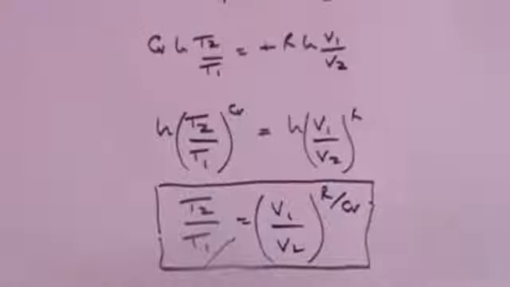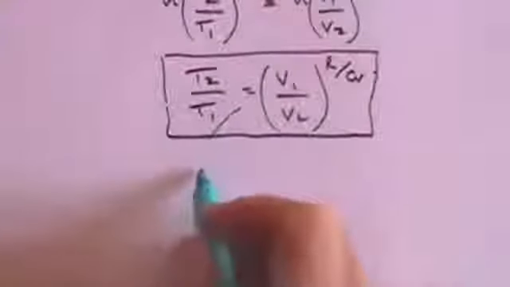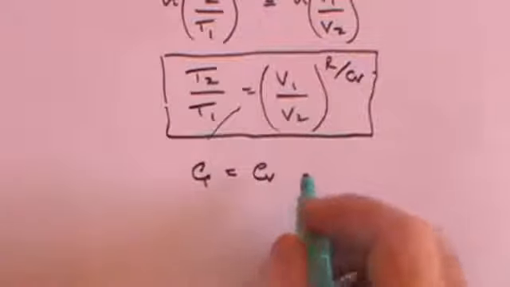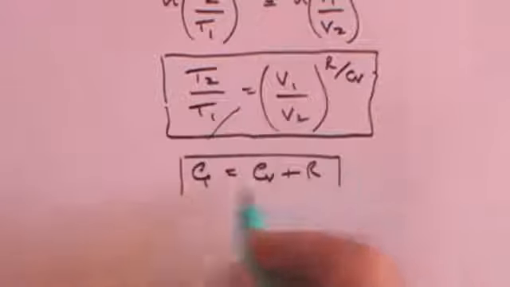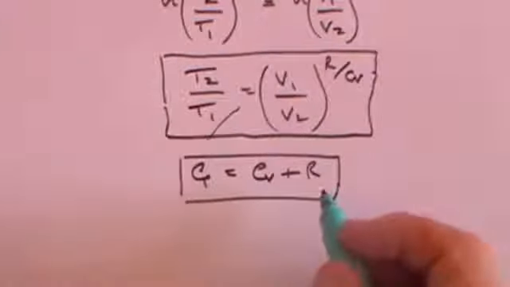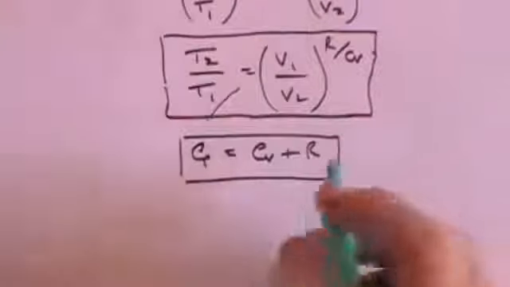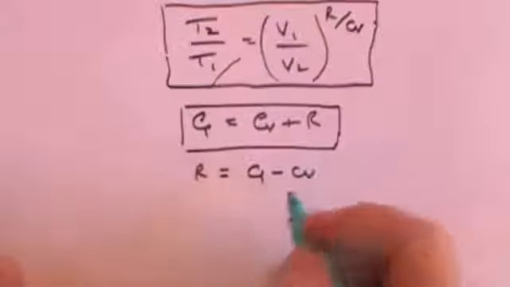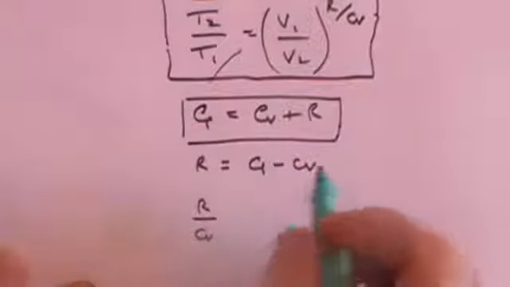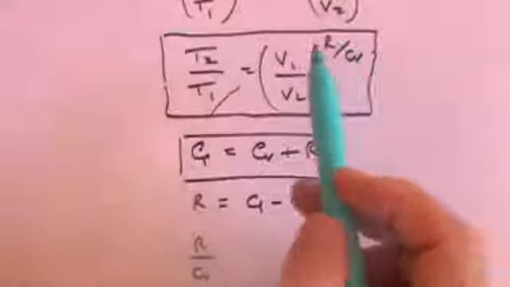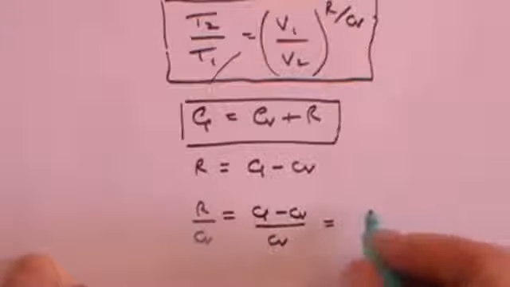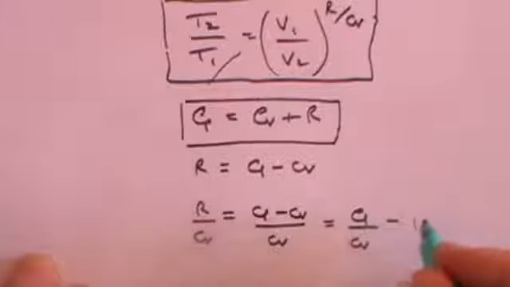So now let's go back to the term we derived just a little while ago, which says that Cp, the heat capacity at constant pressure, is equal to the heat capacity at constant volume plus R. Well, you can see that if that's the case, just rearrange: R is equal to Cp minus Cv, and that means that R over Cv, which we want because that's this term here, is equal to Cp minus Cv over Cv, and that equals Cp over Cv minus 1.